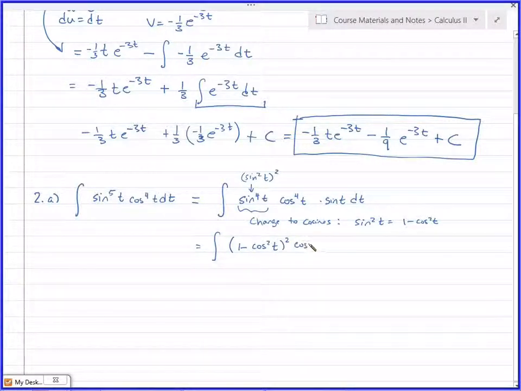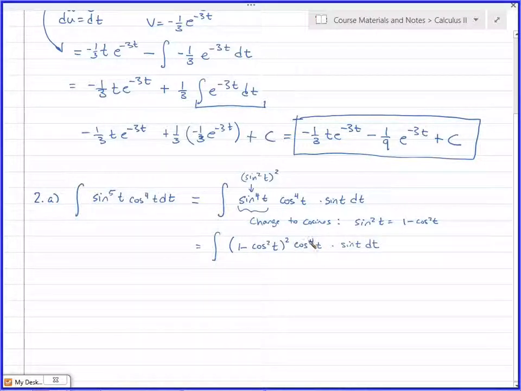And then cosine to the fourth of t times sine of t dt. Make sense? And then what do we do?